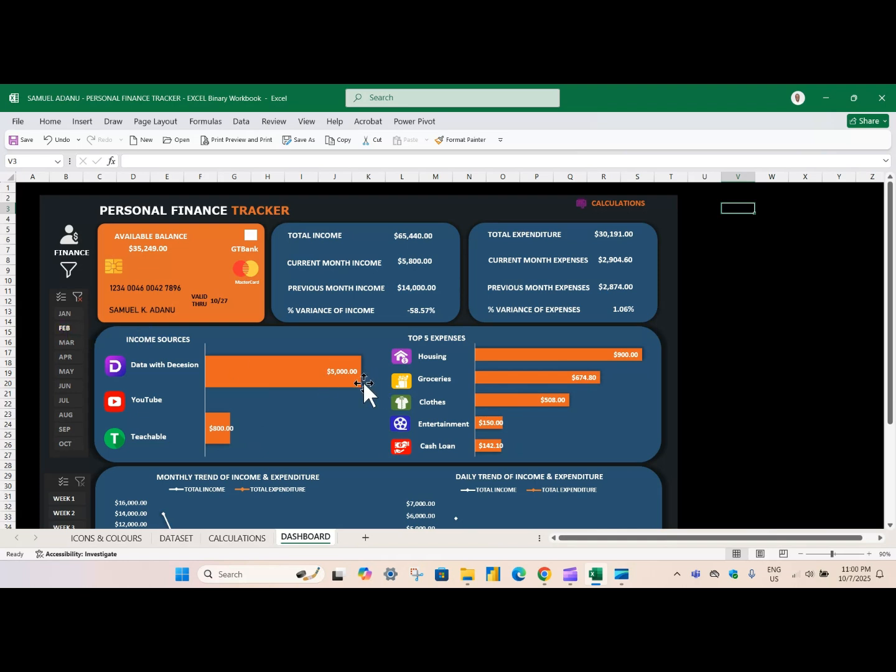February, we can see that data acquisition generated 5,000 US dollars, whilst YouTube brought in nothing in January.